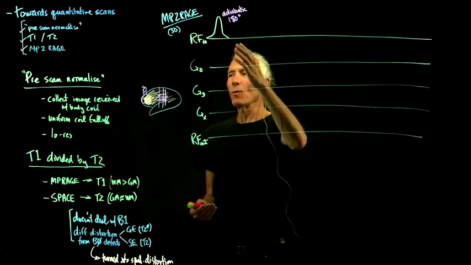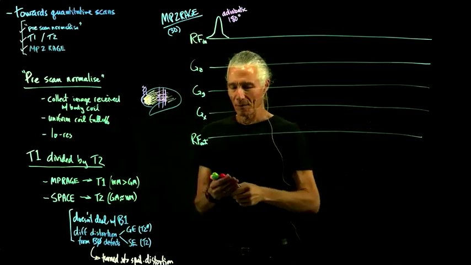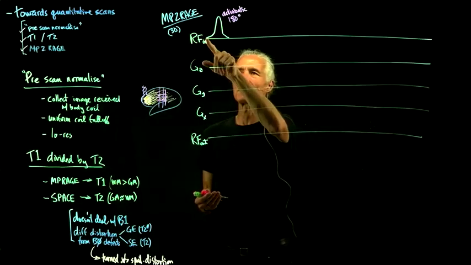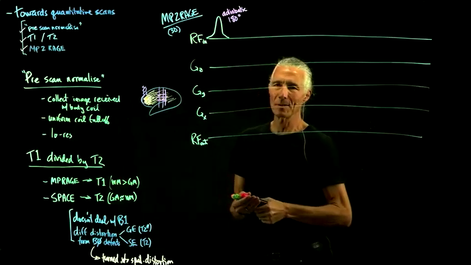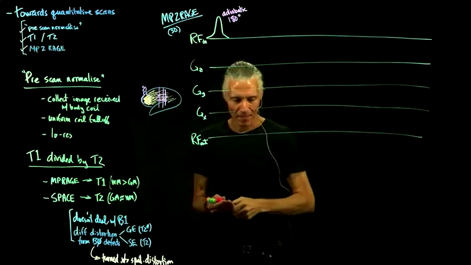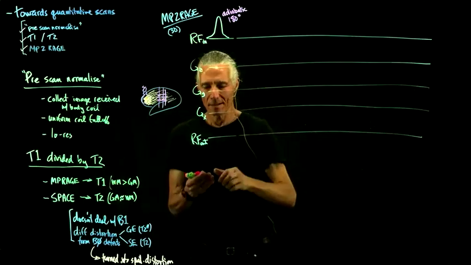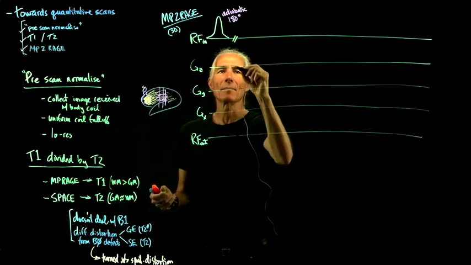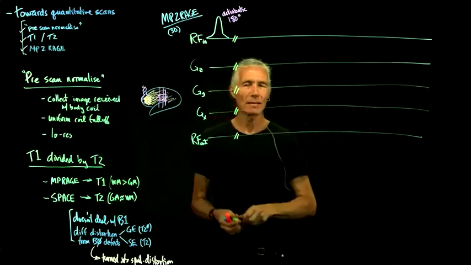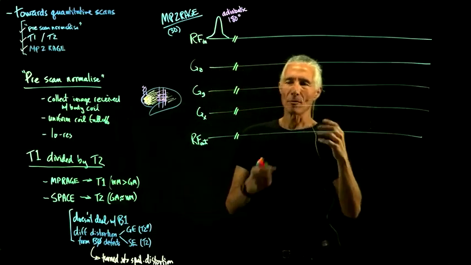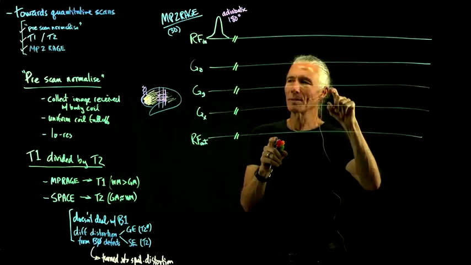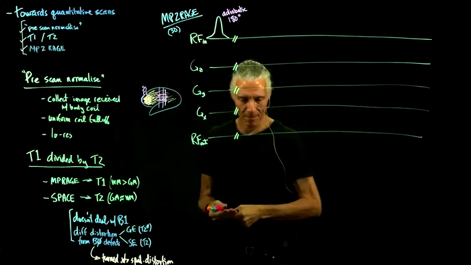And since we've got to wait a little while for the recovery of the magnetization before we start recording, that's okay. We can afford to do an expensive pulse like that in time. If we didn't have to wait after it, then we couldn't afford to. So there's a little gap in time while we wait for some recovery, because remember, we're trying to wait until, say, gray matter is about zero and white matter has recovered some above zero, so that there's a big contrast difference between gray and white matter.